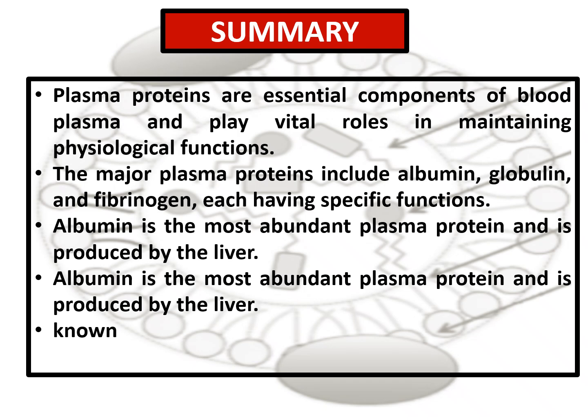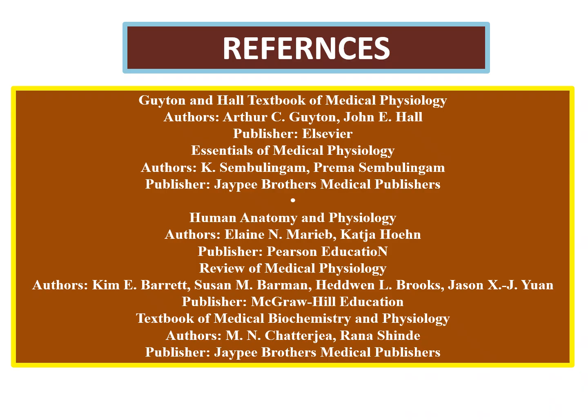So in that plasma you have these proteins which are very useful and required for your immunity, for your transportation, and also for maintaining the physiological balance. So that is the reason plasma proteins hold a very specific place in biology. Albumin is the most abundant plasma protein known, and it is produced by the liver.